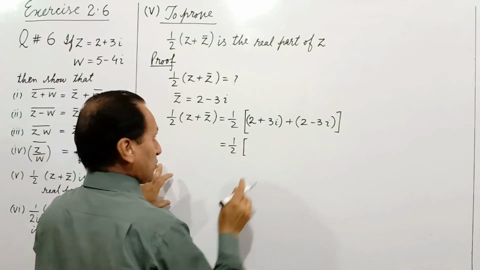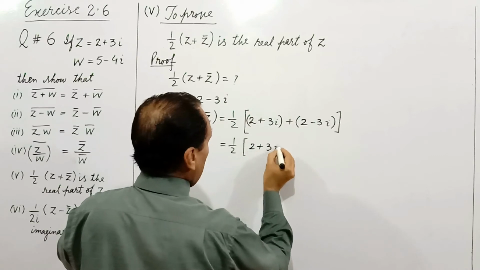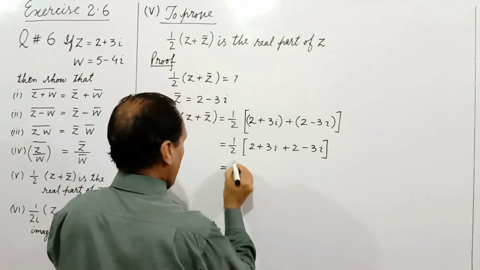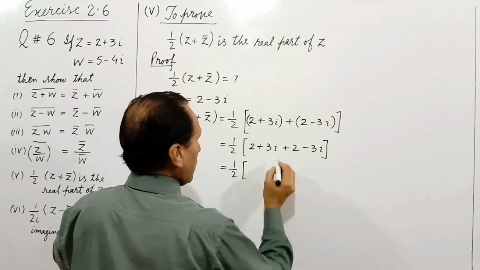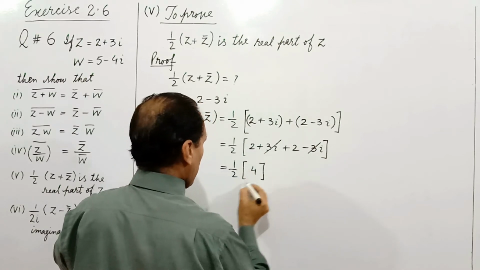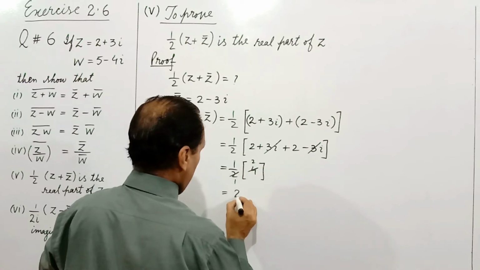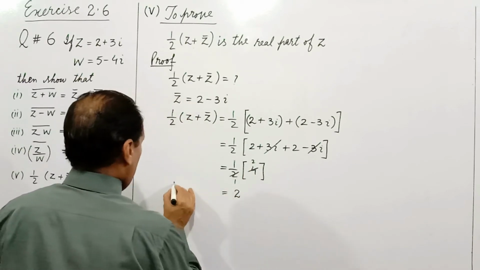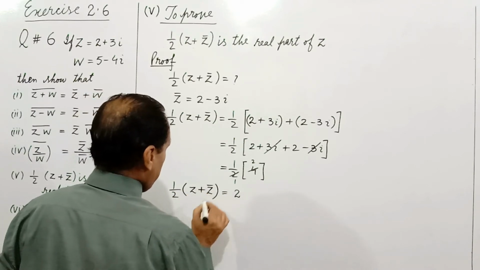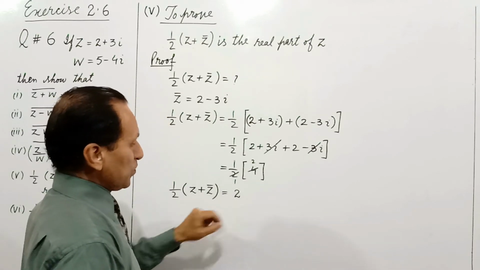First, according to BDMAS rule, we open the parenthesis. 2 plus 3 iota plus 2 minus 3 iota, 1 over 2. Like terms having different signs are cancelled. So 2 plus 2 is equal to 4. And we get what? 2 1s are 2 and 2 2s are 4. We get the value for 1 over 2 into Z plus Z bar is equal to 2.